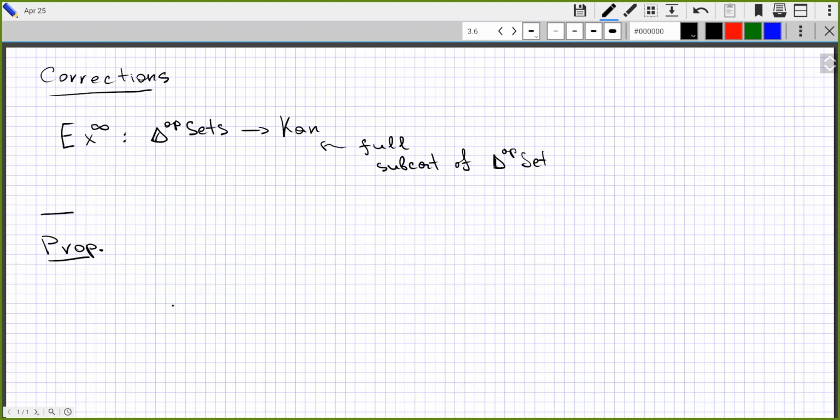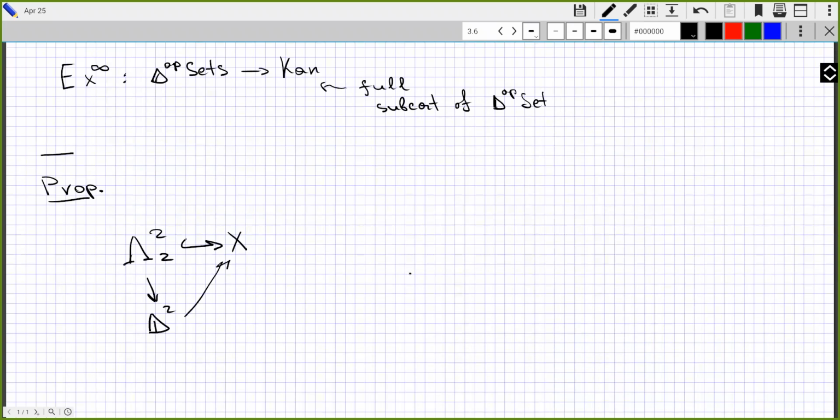So how do you see that? You just take this kind of diagram and you lift it by the known properties.